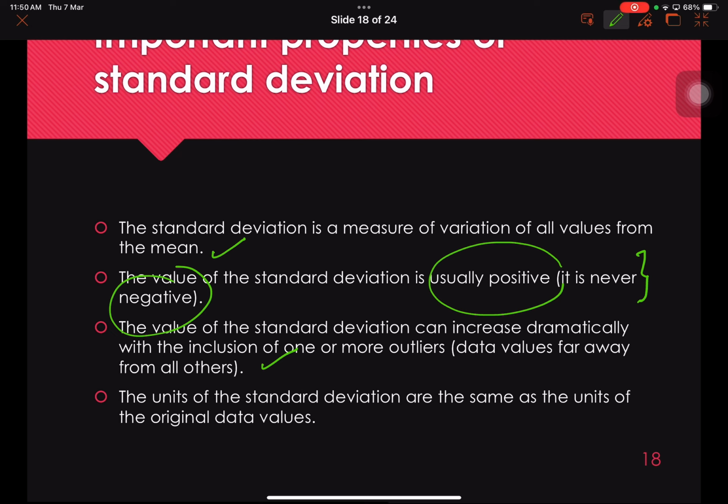So if your answer for the variance is negative, then please redo. And if there is no negative variance, our standard deviation is not negative too, because we cannot take the square root of a negative number. We will end up with a complex number. That is a different story.